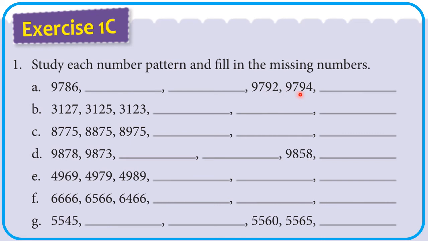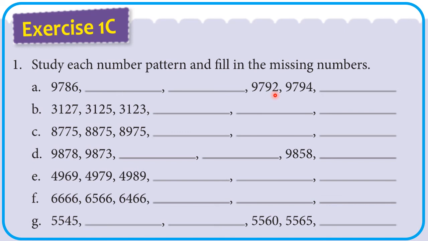So let us look here. Here we have 9792. Next number here is 9794. If you observe these two, what you can notice is 9,794 is 2 more than 9,792.